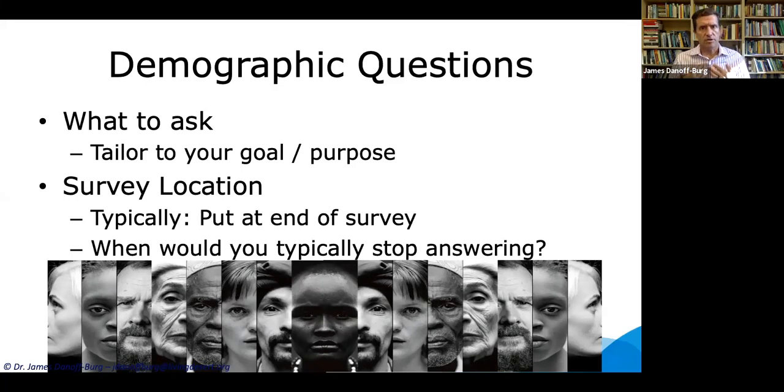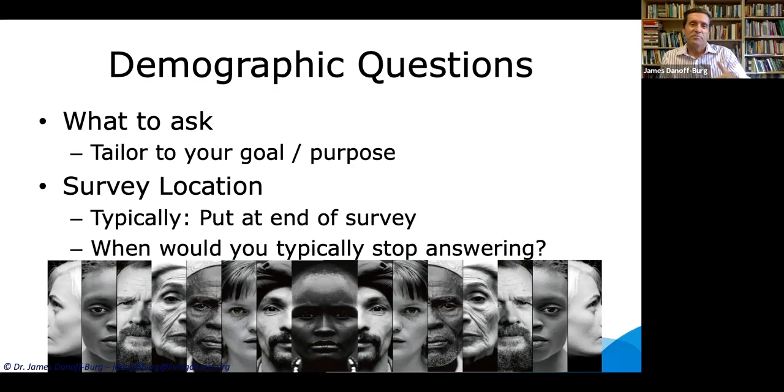Demographic questions are very personal. If you were to ask a person how old they are and where they're from as the first questions, they might get offended. Like, I don't know you well enough to want to tell you that information right off the bat. Let's hold off on that for a little while.